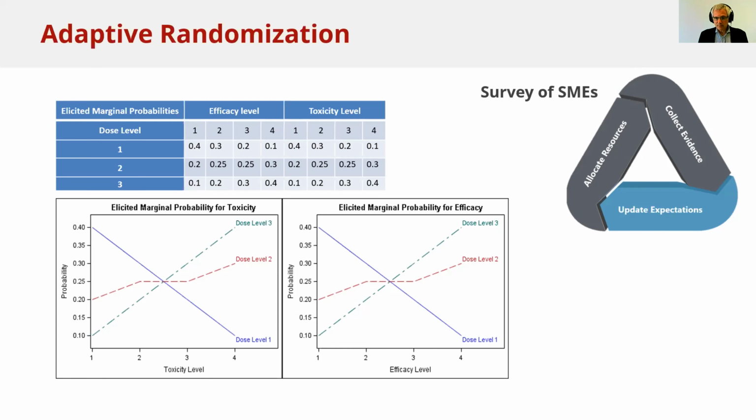This is an example of what I was calling a Bayesian system, that triangle off to the right, because we're not intervening after each patient. We're collecting the data, we have our models, they're updated automatically. The allocation probabilities are determined automatically based on the data that's come in to date.